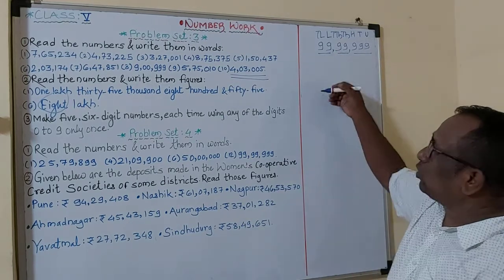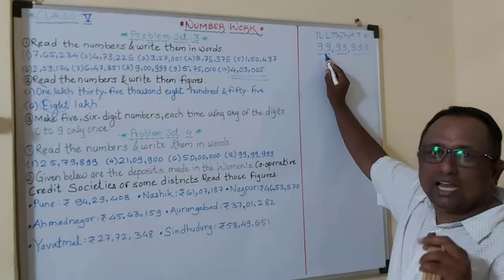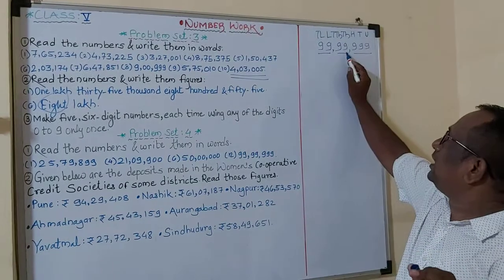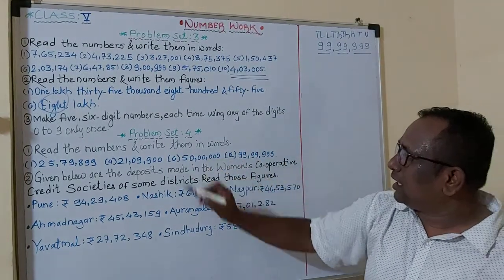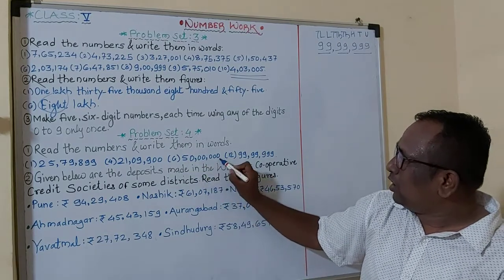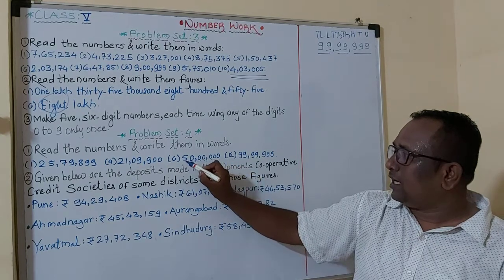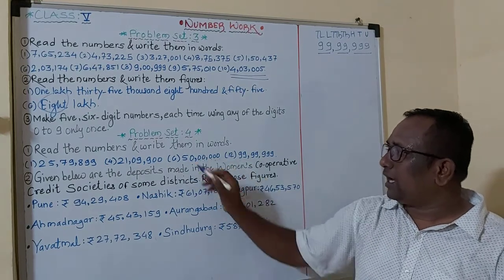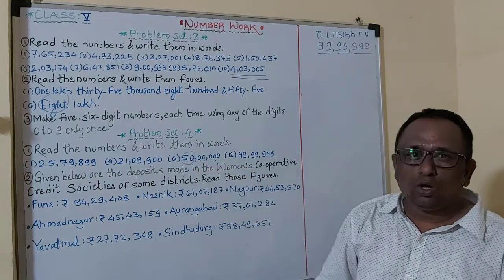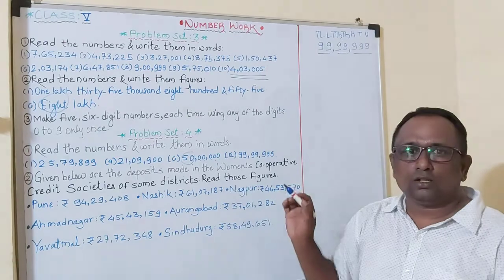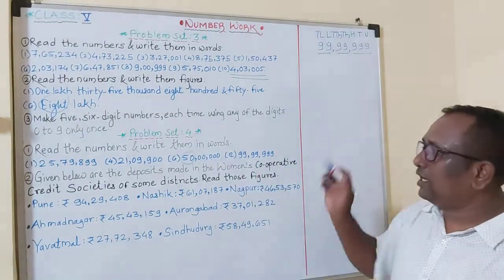This you have to write in words. How do you write it? 99 lakh 99,999. Then the 6th example. See, unit place, 10 place, 100, 1000, 10,000, lakh, 10 lakh. Nothing is there, only 50 lakh is there. So at the 10 lakh place there is only 50. So this is 50 lakh: F-I-F-T-Y, 50, L-A-K-H lakh. This way you have to write in words.